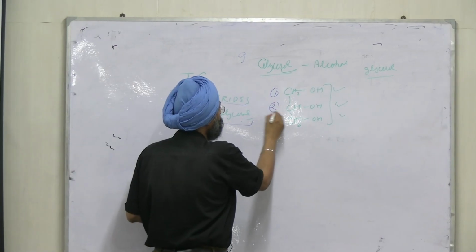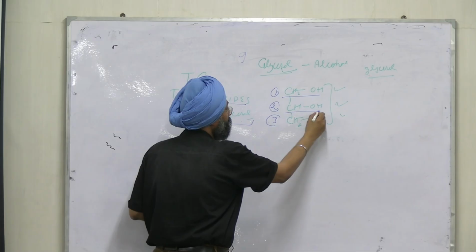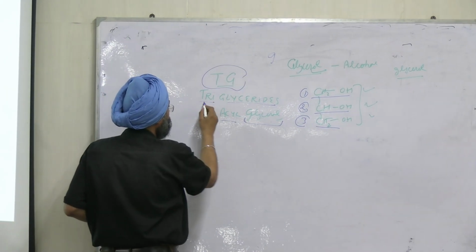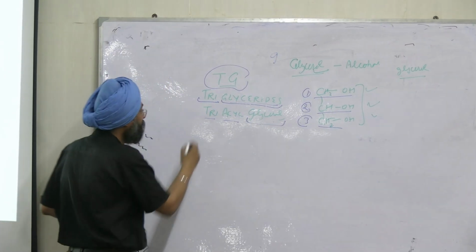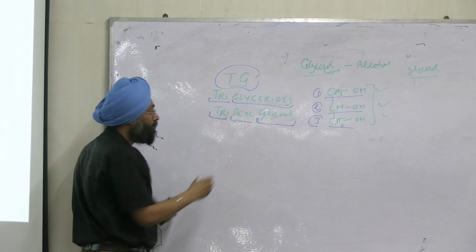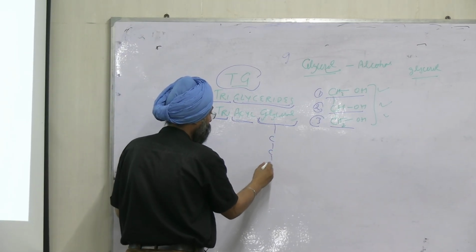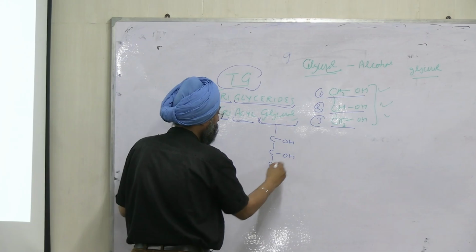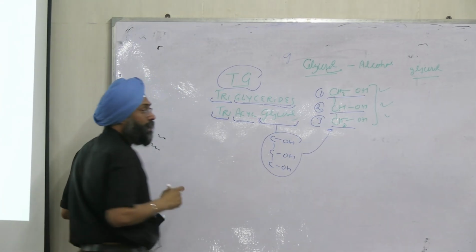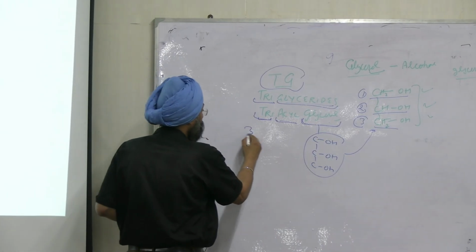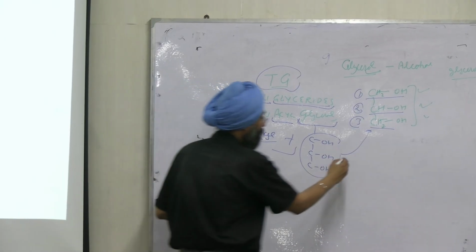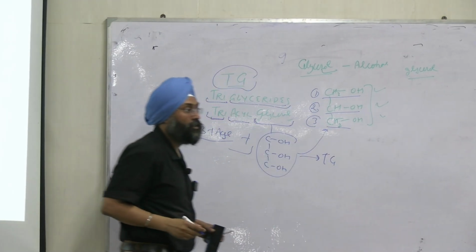Glycerol is 3 carbons with 3 ols. That is our glycerol, right? And triacyl: tri means 3 plus acyl, so 3 acyl groups are attached to glycerol. It becomes our TG, right?